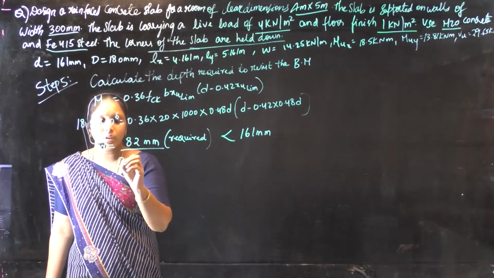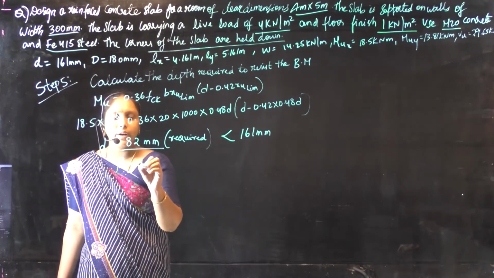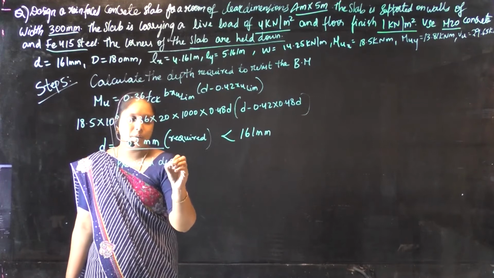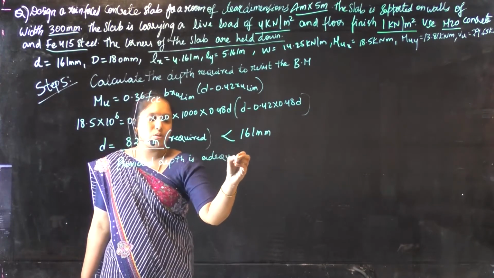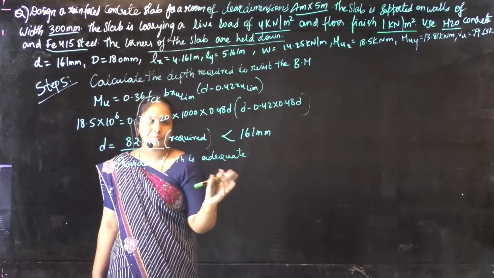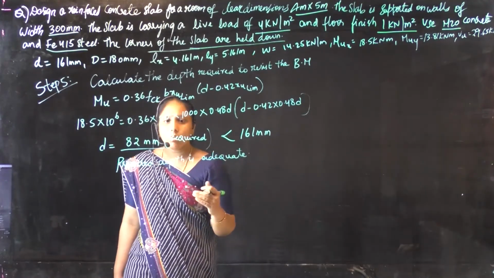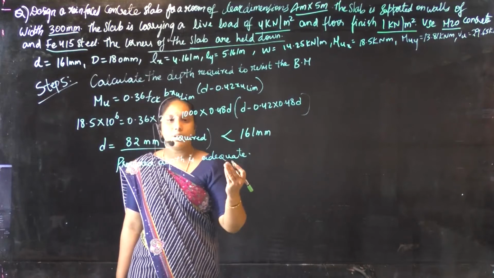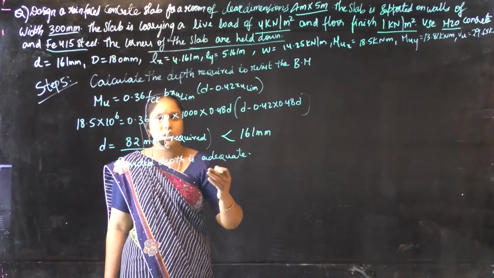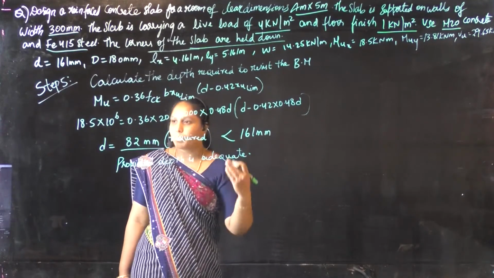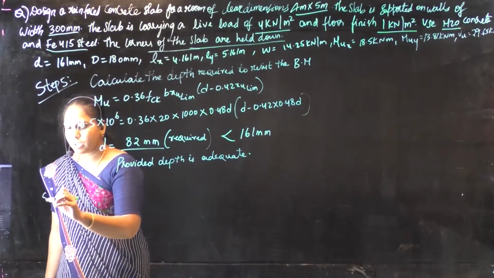So the provided depth is adequate. Now we have calculated the depth required and we have provided the adequate depth. So this is the depth we are going to use in the further calculations also.